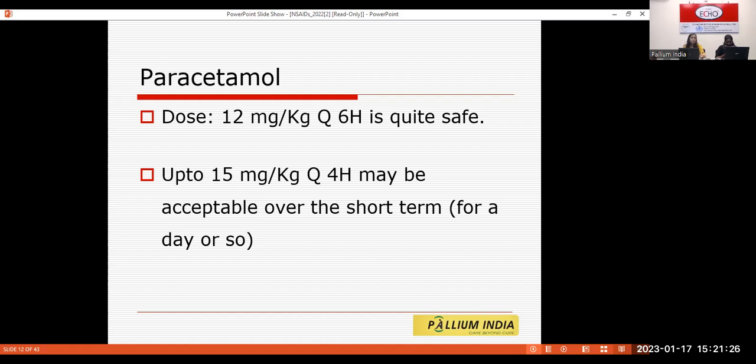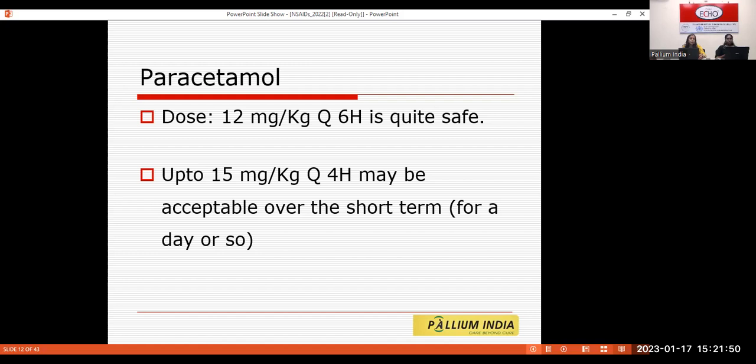But sometimes we give 750 milligram 6th hourly according to the patient's body weight. Sometimes patients need 1 gram 6th hourly. The maximum dose of paracetamol is up to 4 gram per day. That is the maximum dose that you can give.